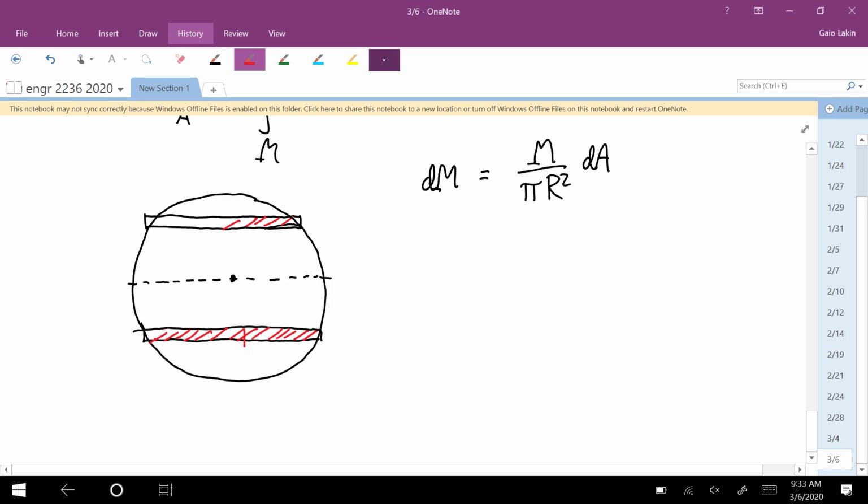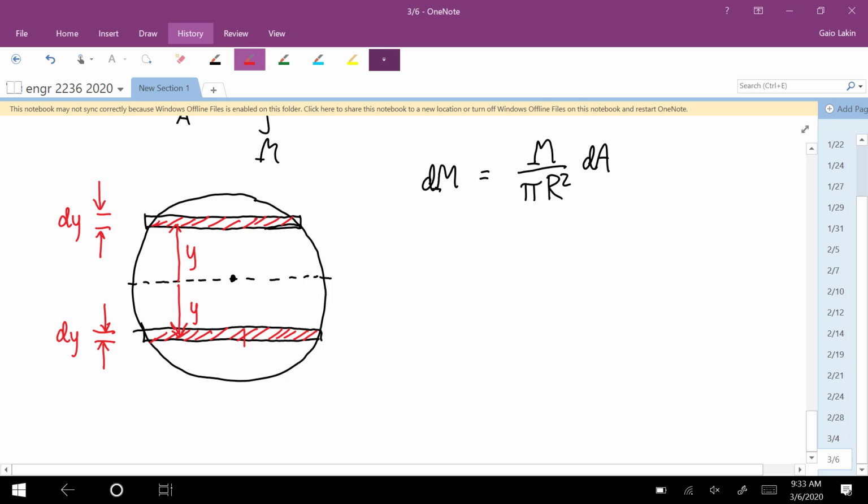We have these two strips. They're identical, so this one has a thickness of dy. This one has a thickness of dy. And the distance from the axis to these two things, this one is y, and this one is also y.